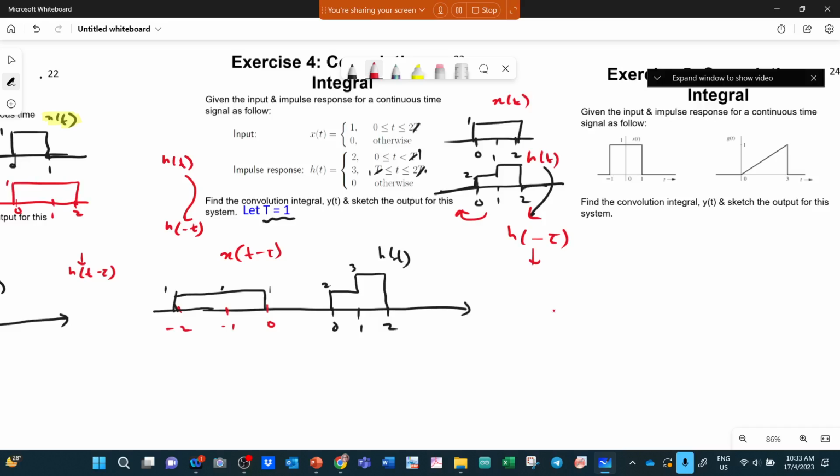Next, you flip what just now? X, right. You get minus tau, then x t minus tau. Okay, so at t minus 0, t minus 1, t minus 2.